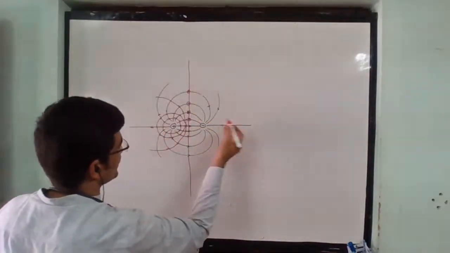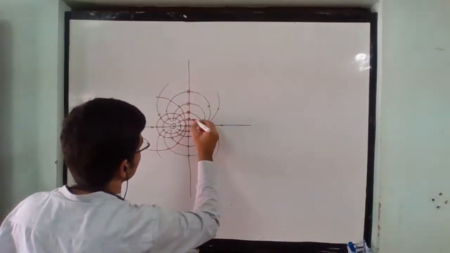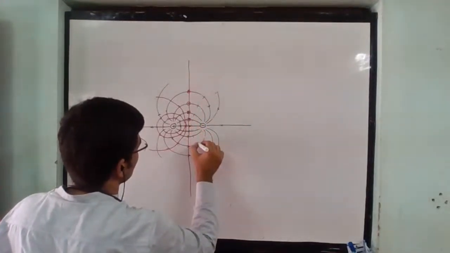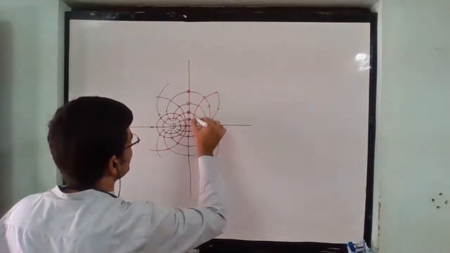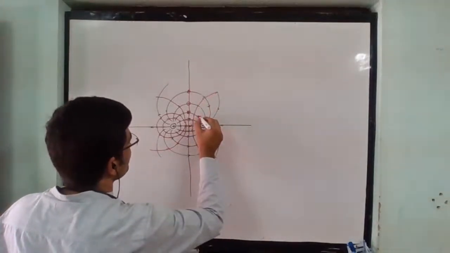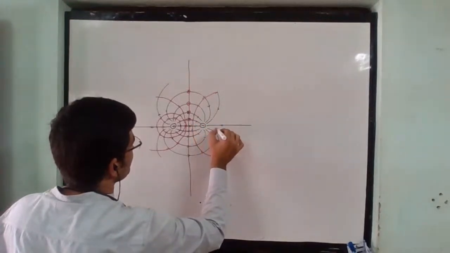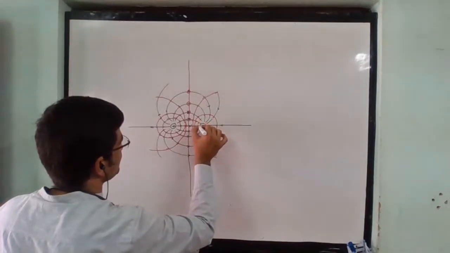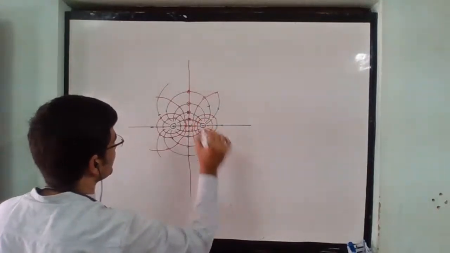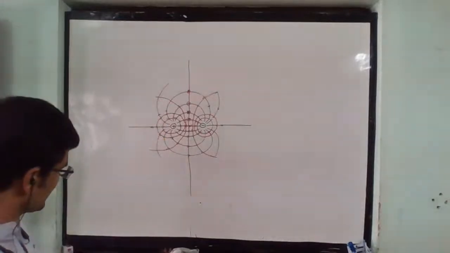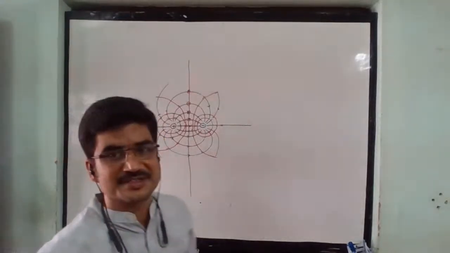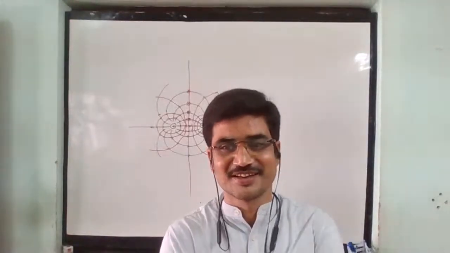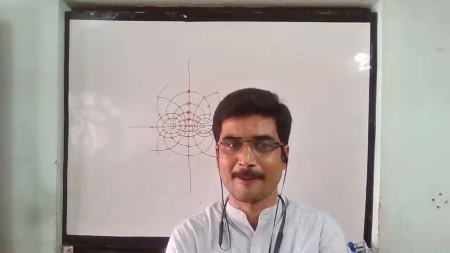Similarly, you draw the right hand side also, just symmetric to that. Like this way. So this is the equipotential surface. I have drawn it in red color. That is the equipotential surface. I hope it is clear to all of you.